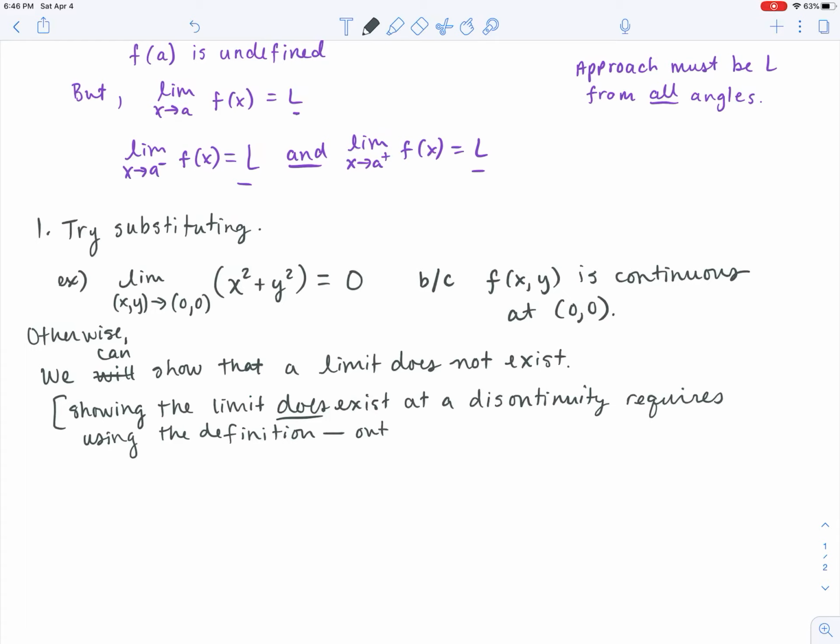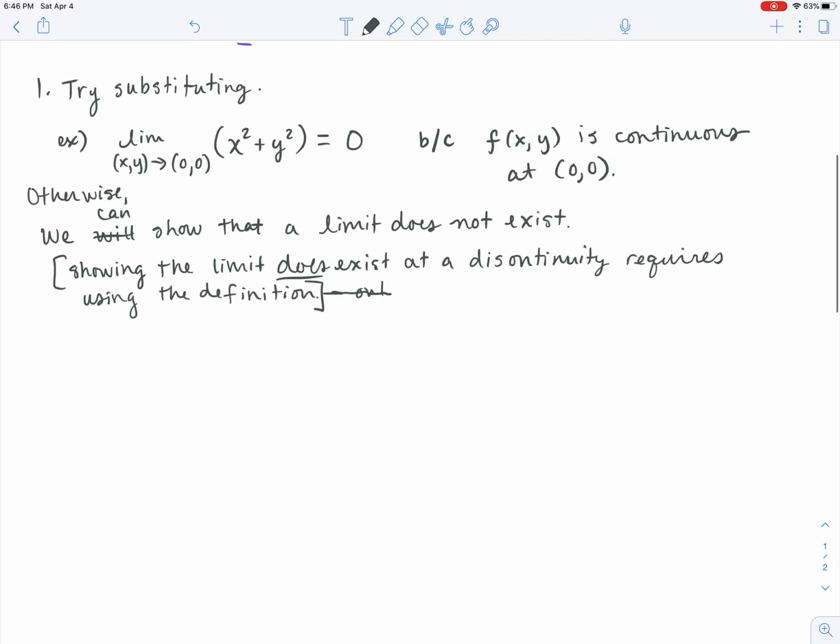I'm not going to write that out, I'm just going to say it. You guys probably remember the delta epsilon definition of a limit in R2. The three-dimensional one is similar.